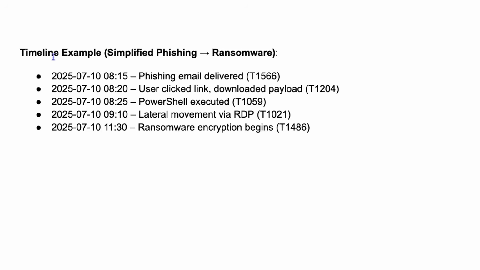All right, so now looking at the timeline example here, a simplified phishing and ransomware timeline. Notice that it's all happening on July 10th. The phishing email was delivered at 8:15. At 8:20, the user clicked the link inside of the phishing email, and by extension, a payload was downloaded by clicking that link.